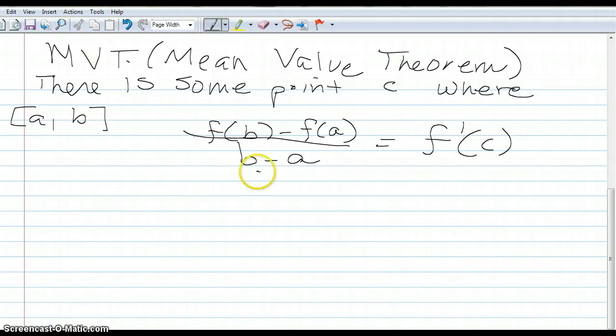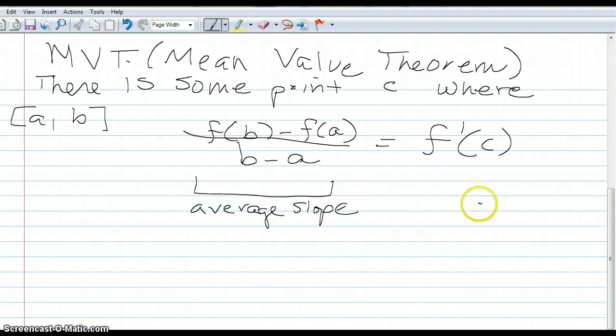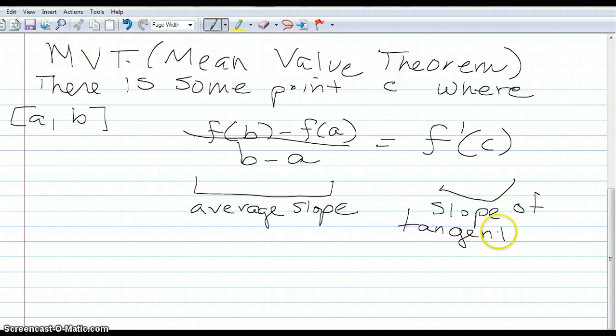Now, this should look like a slope to you, the left-hand side. What this really is is your average slope, and this is your instantaneous slope, remember, the slope of the tangent line at c.